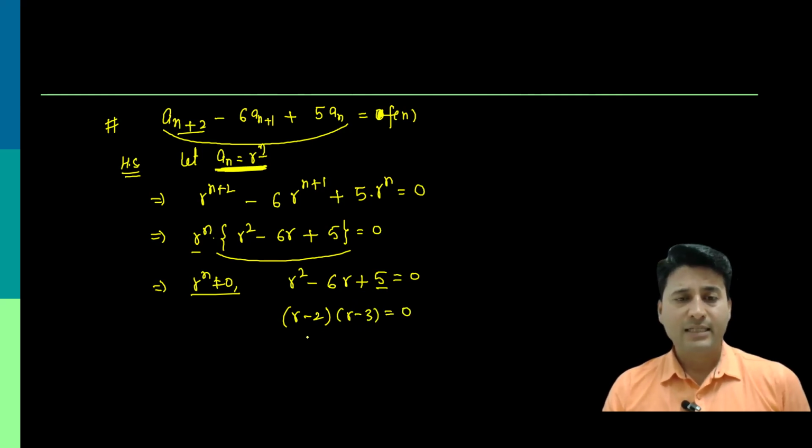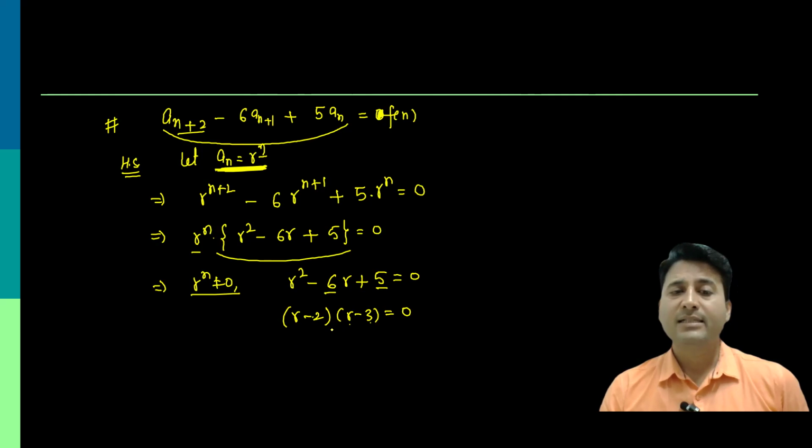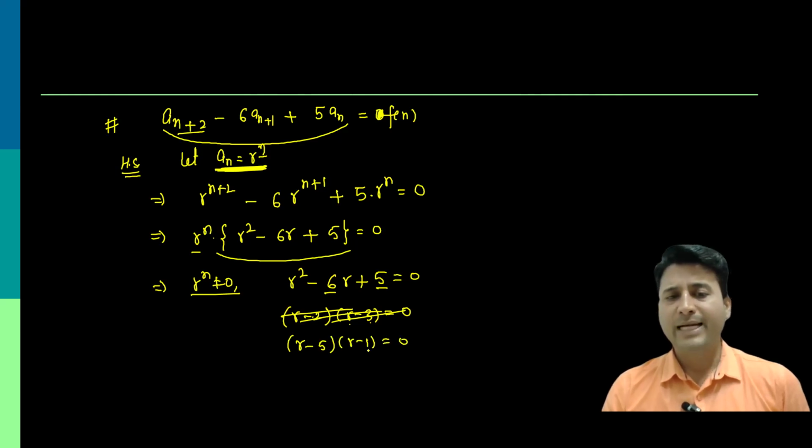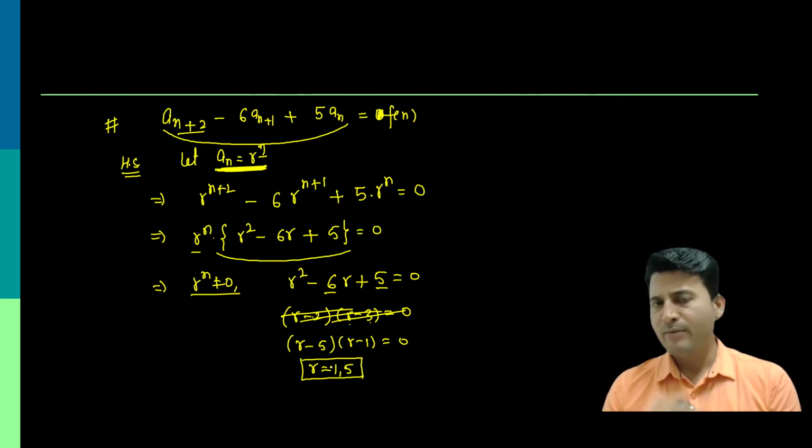Let us check whether they are correct. r square minus 3r minus 2r, that gives 5r, not correct. The factors of 5 whose sum is 6 are not 2 and 3, it should be 5 and 1. So r minus 5 and r minus 1 equals 0. Let us check again: r square minus 6r plus 5. Yes, this is fine. So r equals 1, 5. The roots of the equation that we obtained are 1 and 5.